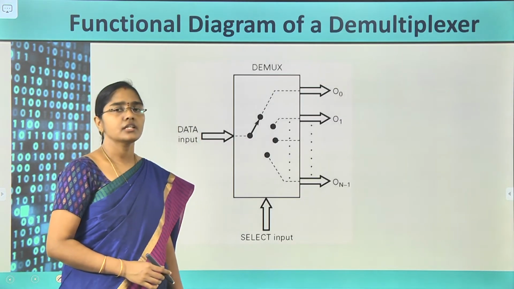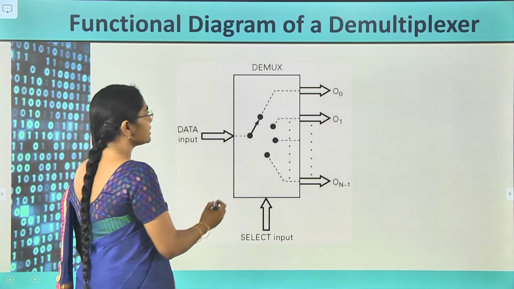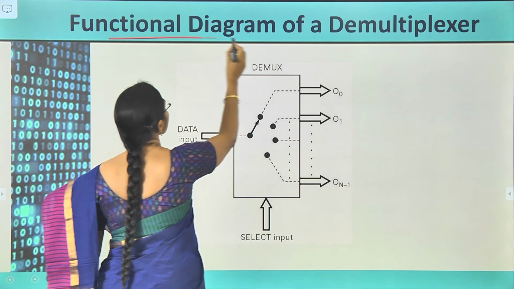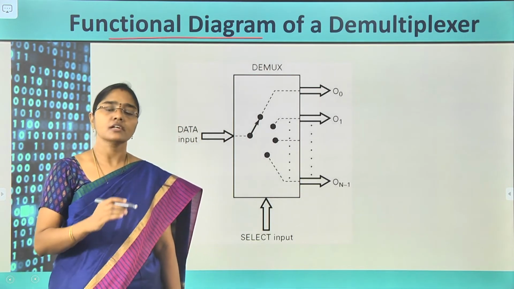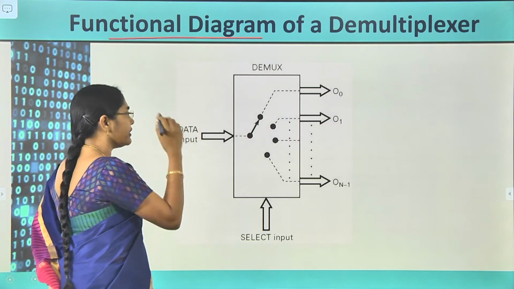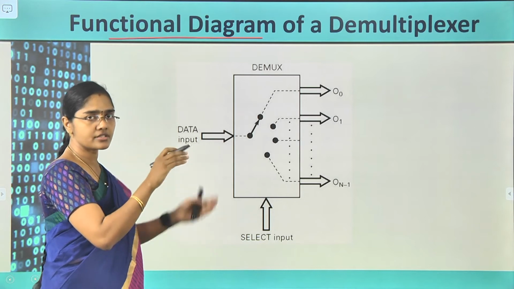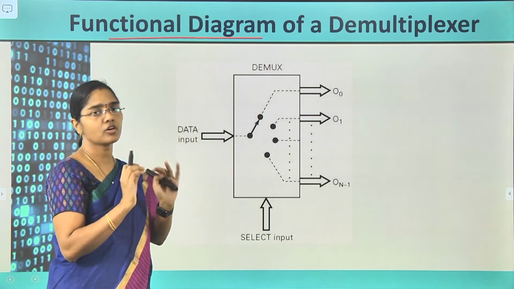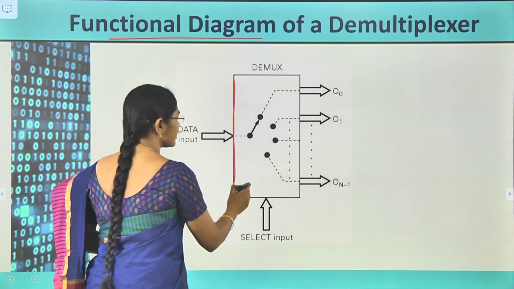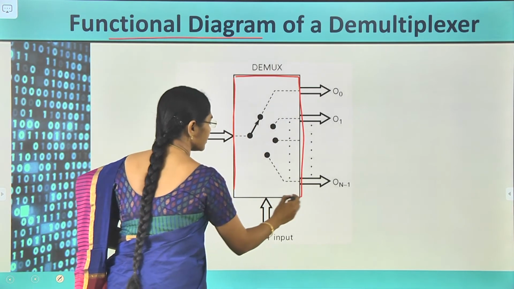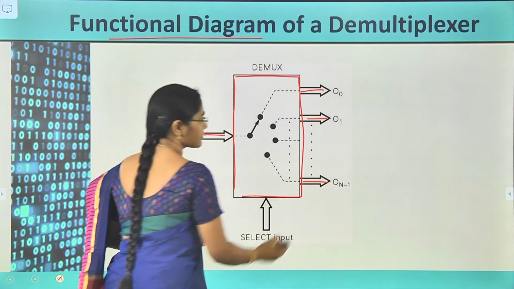Let us see the functionality of the demultiplexer using a functional diagram. We have seen already the symbol and its function. Its symbol uses one input and has 2 power n outputs for n selection lines. The same thing we are representing here as one data input and multiple outputs.